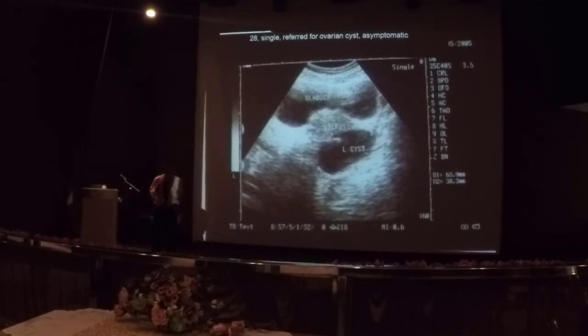So simple, complex? Simple. What could it be? Can still be functional cyst or not? Can, isn't it? Even though functional cyst is usually less than 5 cm, but occasionally can go up to 7 cm.